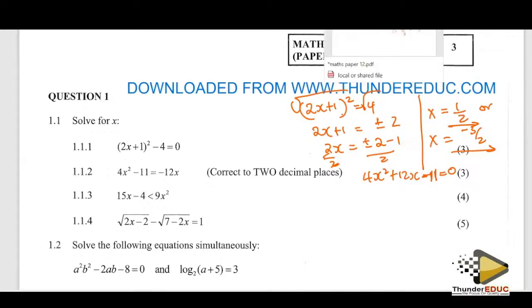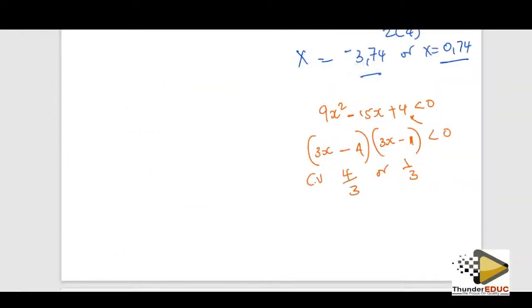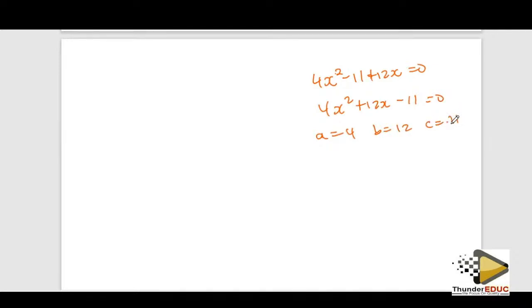When you look at the quadratic formula, we're going to be having 4x² + 12x − 11 = 0. So our a is 4, our b is 12, and then our c is negative 11.